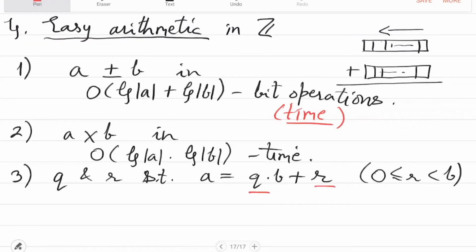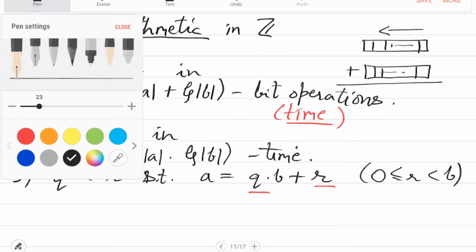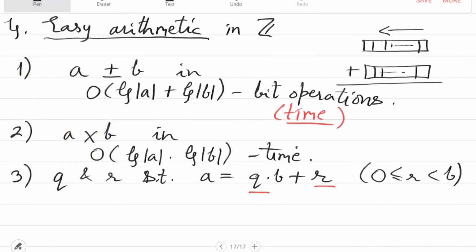In how much time? You are given A and B in bits again, and you want to find Q and R. It is very similar to multiplication.